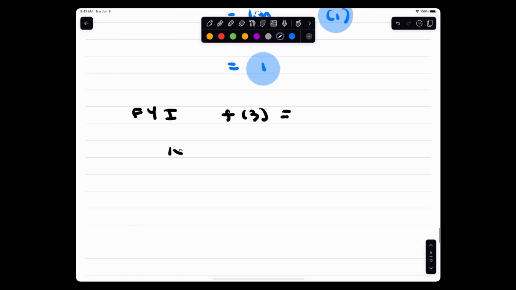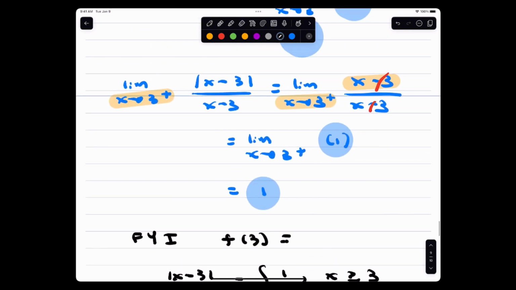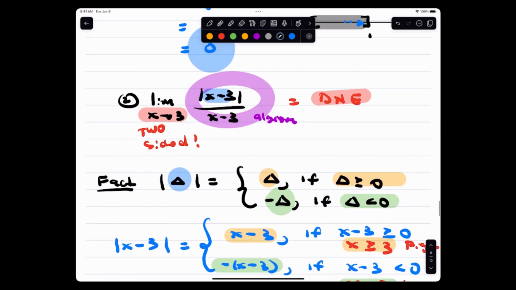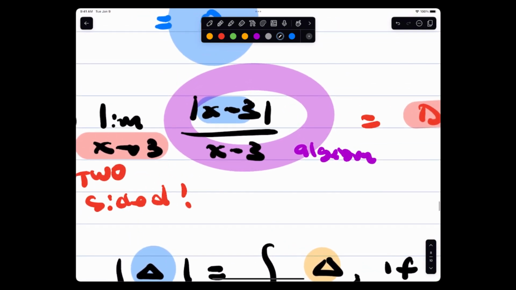You have the absolute value of x minus 3 over x minus 3. Well, that equals 1 when x is greater than or equal to 3, and negative 1 when x is less than 3. This is, in short, really the function they gave you. And you said, but you just put the absolute value of x minus 3. I know. But the function is really what? This quotient.